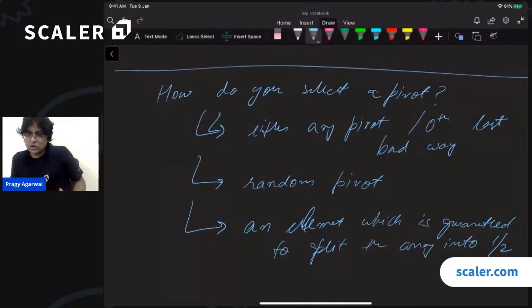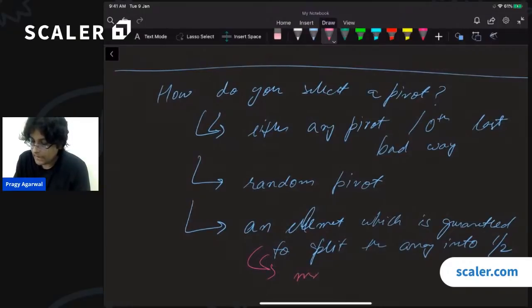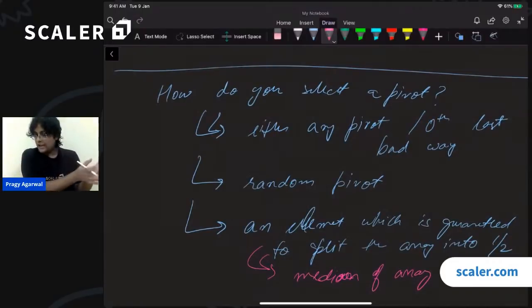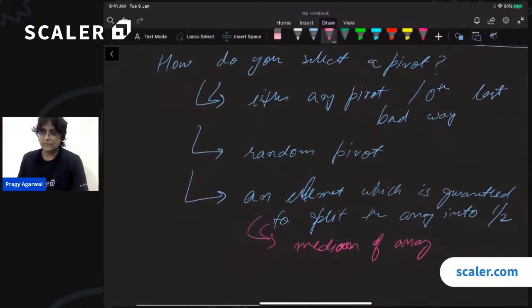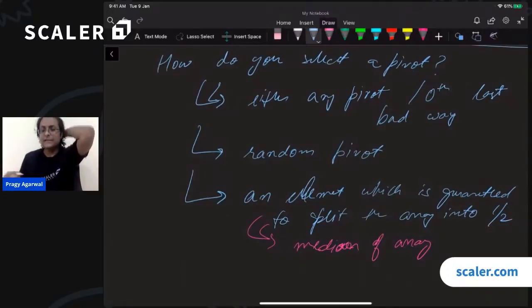What sort of element is guaranteed to split the array in half? If we choose the median of the array, then we are guaranteed that half of the elements will be smaller and half of the elements will be larger. Does that make sense? So these are three of the several strategies that we use to choose a particular pivot.